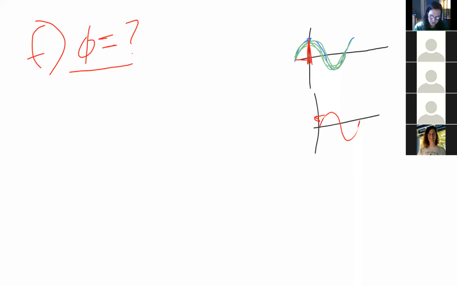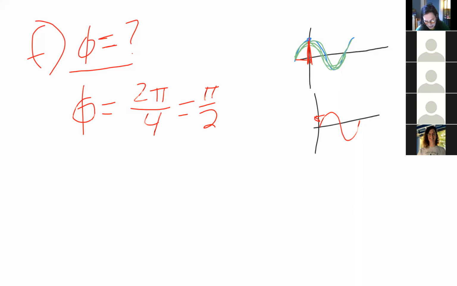If I want to shift this thing backwards by 1/4 of the phase, that means my phase shift has to be 2 pi divided by 4. That's 1/4 of a phase, and that'll simplify to pi over 2. And as far as if it's positive or negative, a shift to the left is positive, a shift to the right is negative. This is why we have the minus plus.